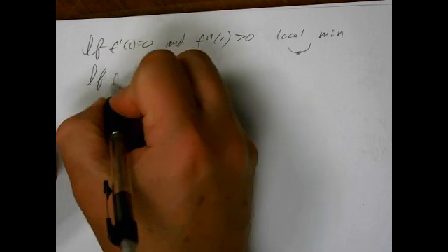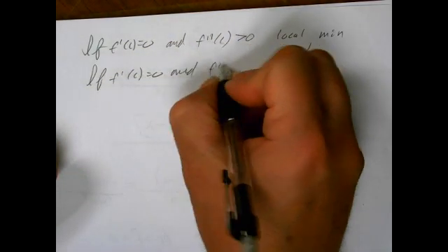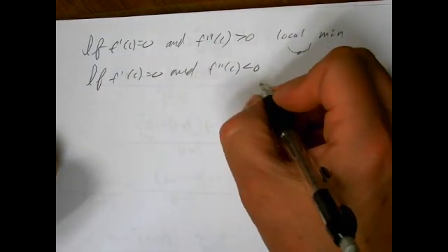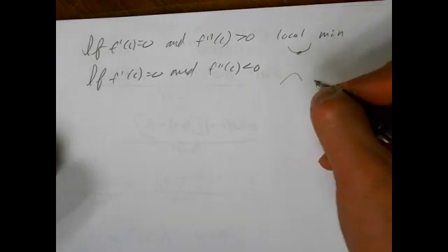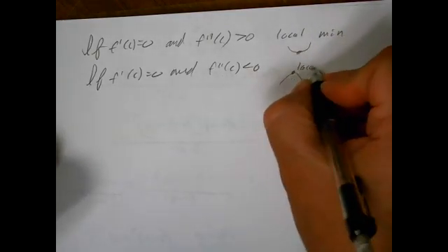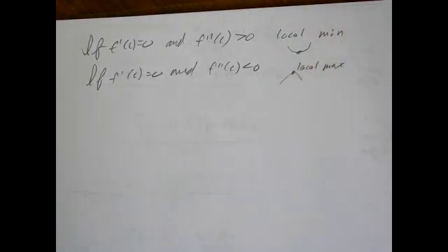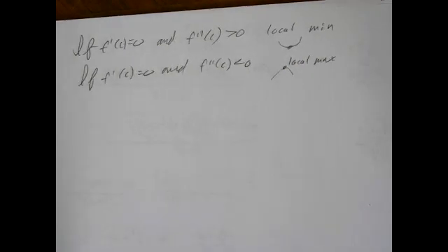F prime of c is equal to 0, and f double prime of c is less than 0, again, meaning it's that concave down shape, then this point could be a local max. Okay, maxes and mins can be found using the first or second derivative test. I prefer the first, as I've just shown you, but the second is okay as well.